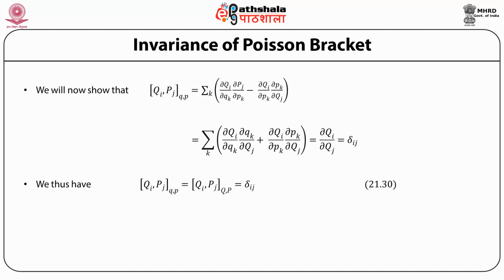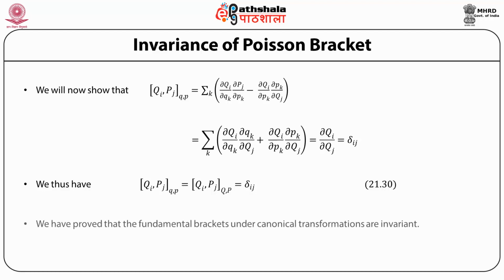From the definition, we have the Poisson bracket between qi, pj given by the sum over k of the partial derivative of qi with qk into the partial derivative of qk with qj and so on, which is delta ij. We have thus proved that the fundamental brackets under canonical transformations are invariant.